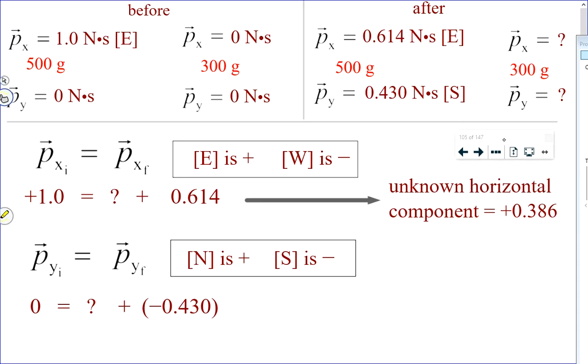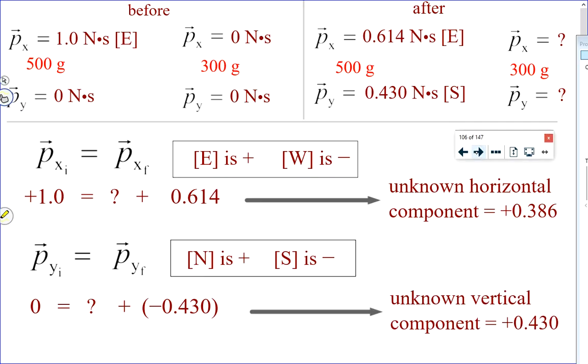When we solve this equation, we simply subtract 0.614 from both sides, and the unknown horizontal component is positive 0.386. When we solve this bottom equation, we simply add 0.43 to both sides, and the unknown vertical component is positive 0.43.